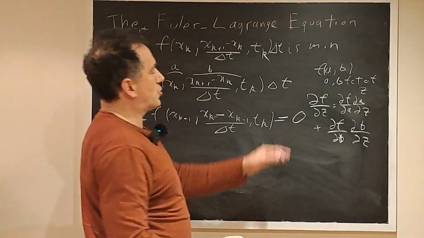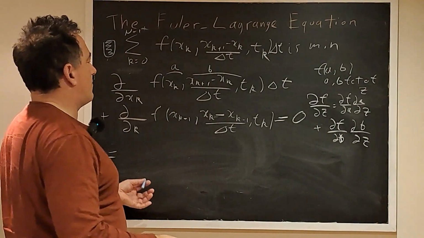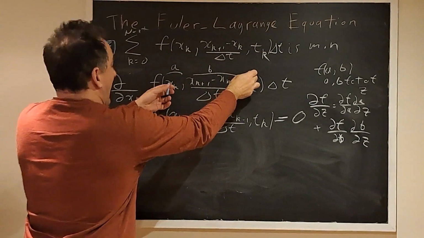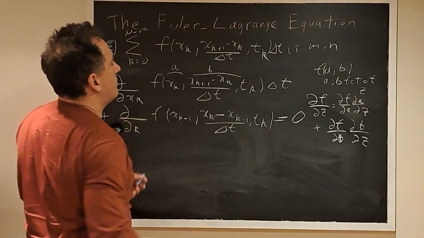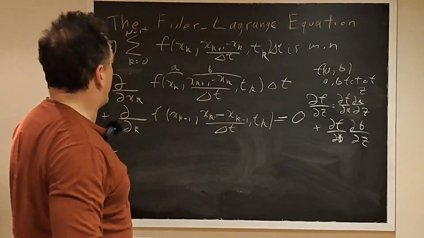So that's the standard chain rule that we use in multivariable calculus. Here it's the same. We have this thing here that has three variables, and these variables are dependent on the different xk's.